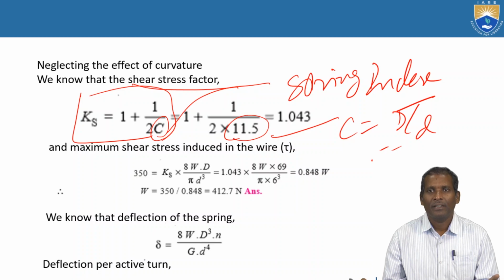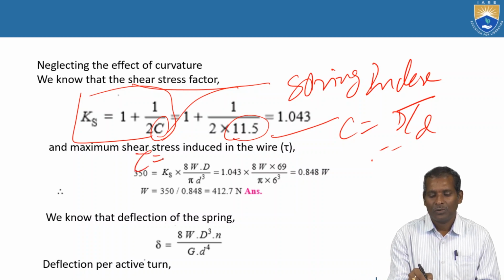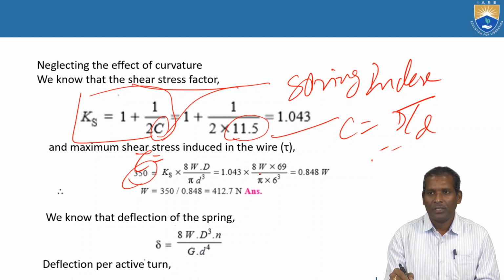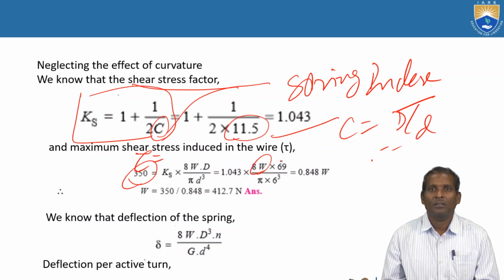Now apply the maximum shear stress induced in the wire. The formula is tau is equal to Ks into 8WD by pi d cube, where tau is 350. In this, the unknown is W only.